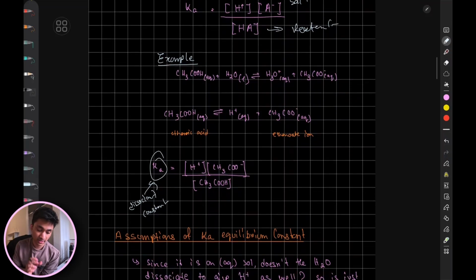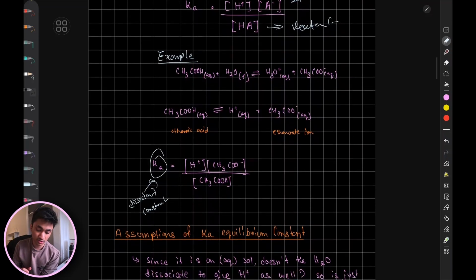We care about the initial acid concentration, we care about the number of protons emitted, and we care about the amount of salt formed. So essentially the concentration of H3O, you can just cancel it off.